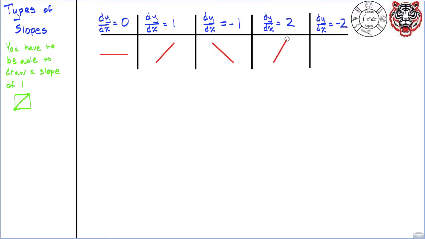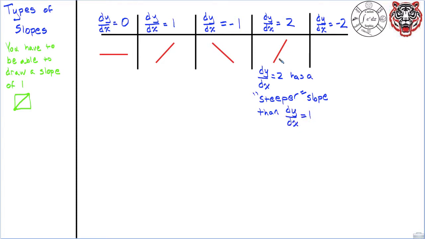But generally speaking, a slope of 2, and I'll make this note here too for us, dy/dx equals 2, this thing has a steeper slope than dy/dx equals 1, a rate equal to 1.